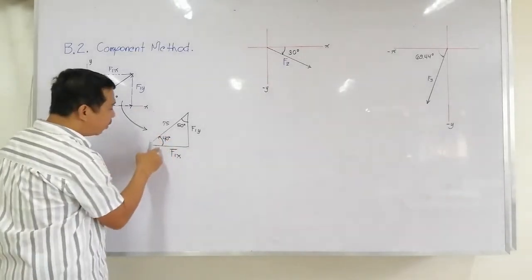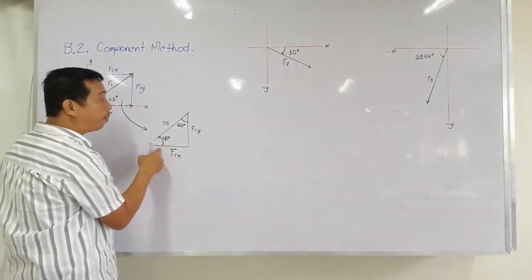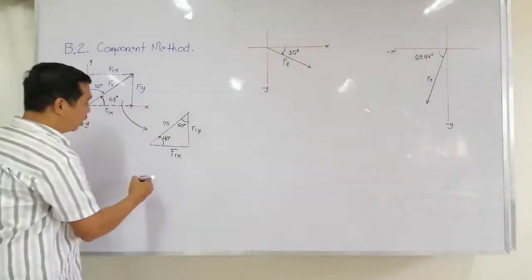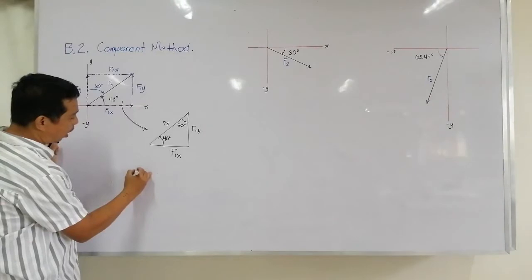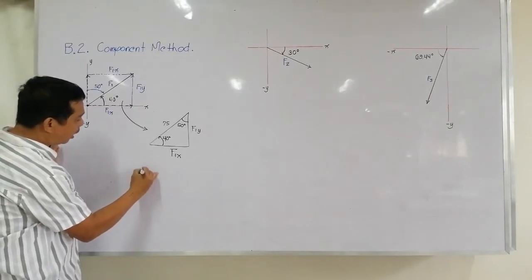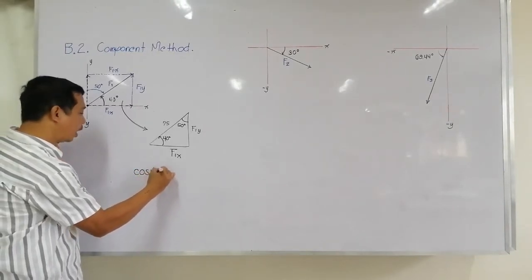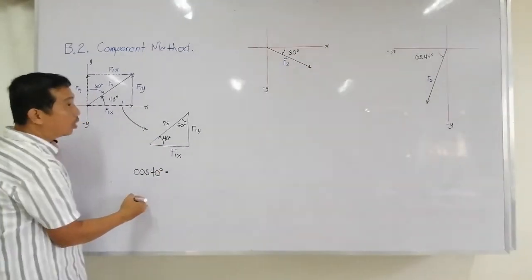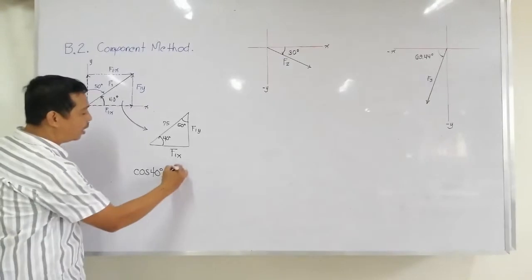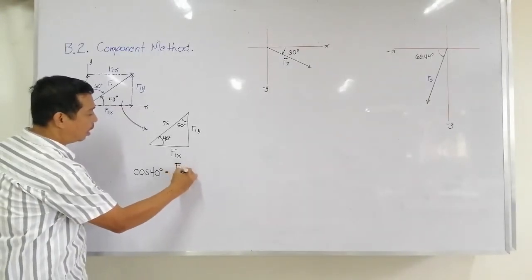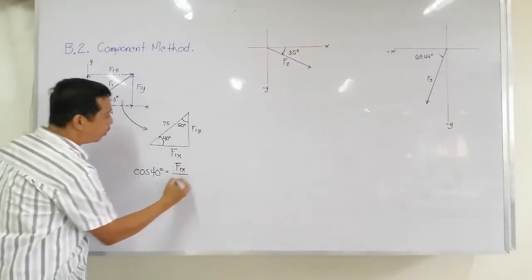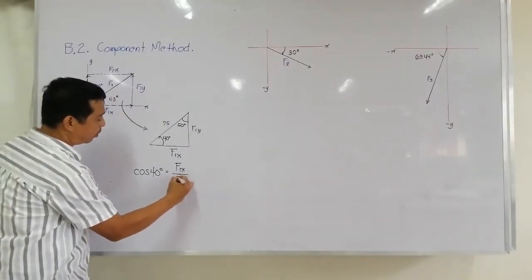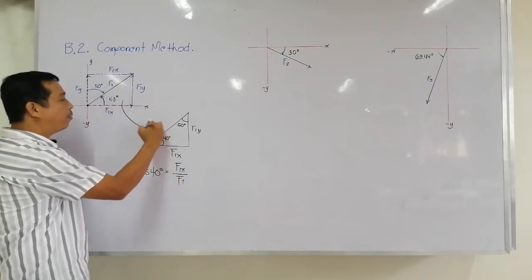Why? If you are to use the angle that is 40, may triangle yan. So, you will have SOH CAH TOA: cosine of 40 degrees is equivalent to your adjacent side, F1x, over your hypotenuse, F1.